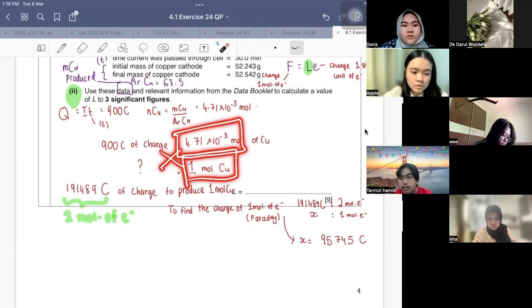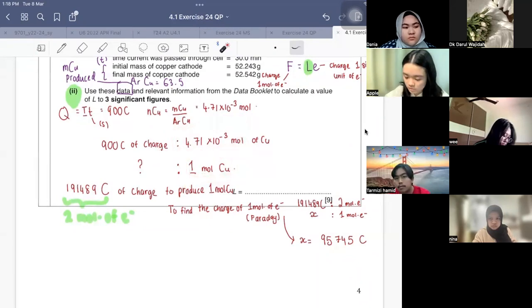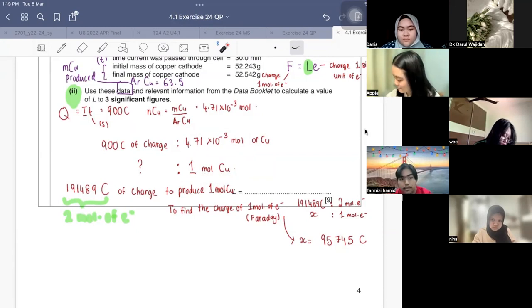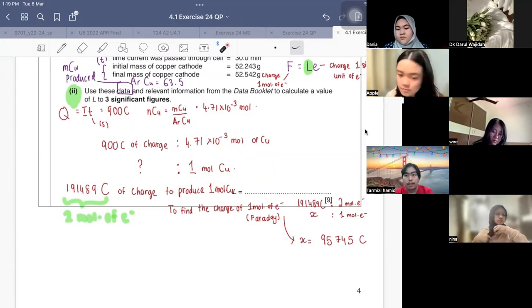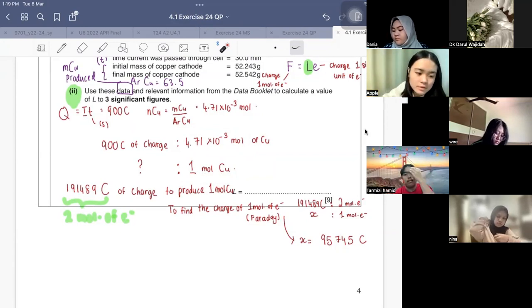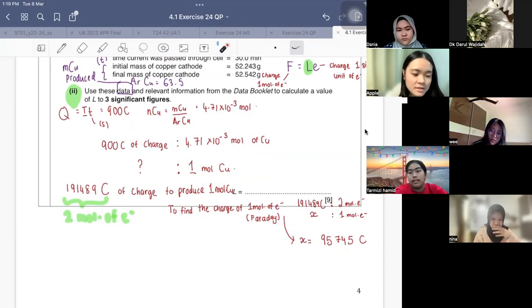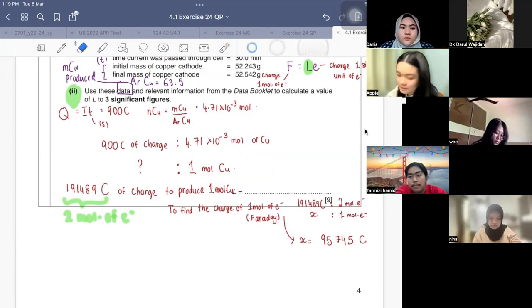Is your calculation correct? I got a different value. So 900 divided by 4.71 times 10 to the power of minus 3 is 191,082. Did you get that? Yes. All right, sorry. That means I copied blindly from the marking scheme.